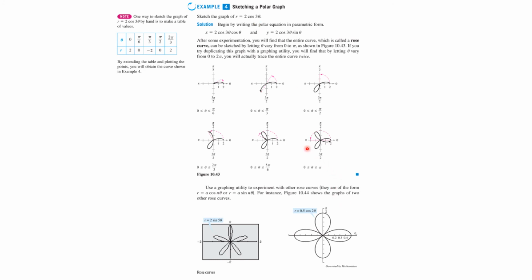And so what you will get is a rose with petals, with a petal along the x-axis for that, and you will get n petals. If you do a sine, you won't get this on the axis. You'll get that one of the petals is on the y-axis.